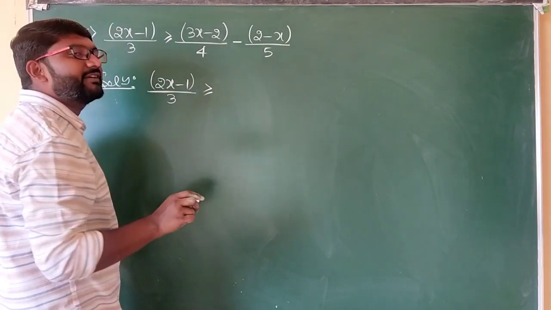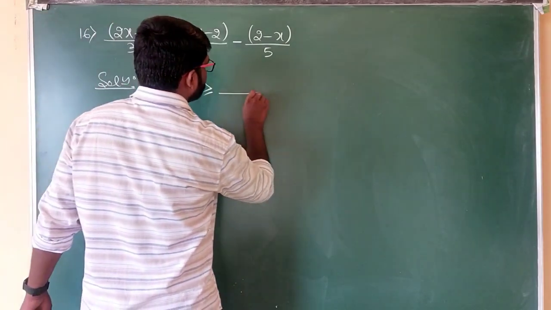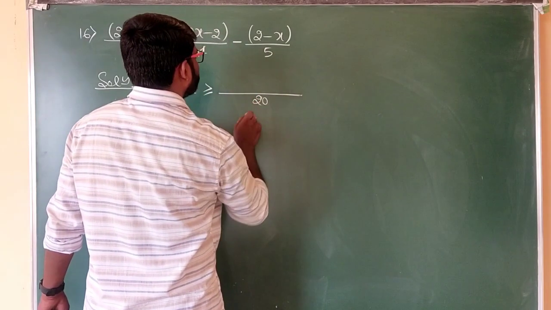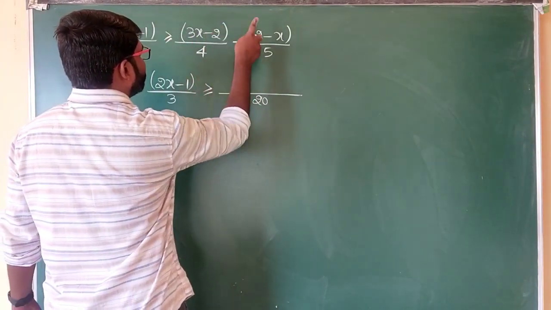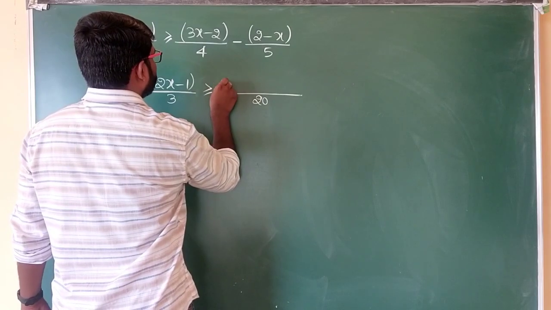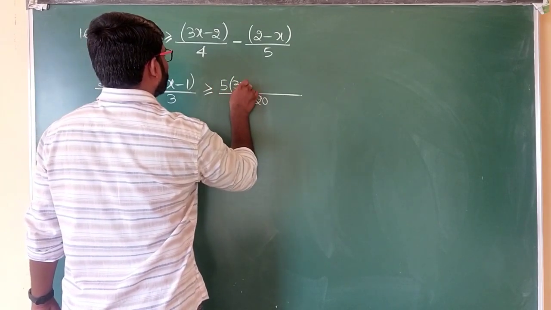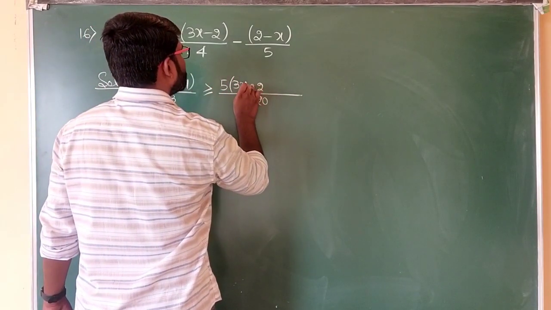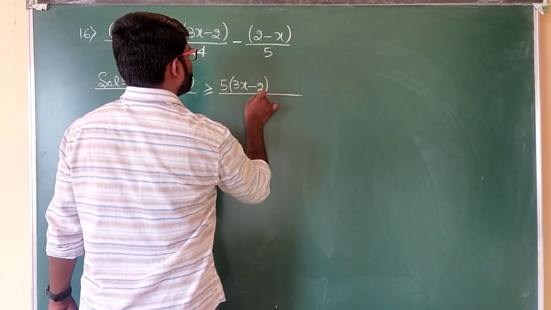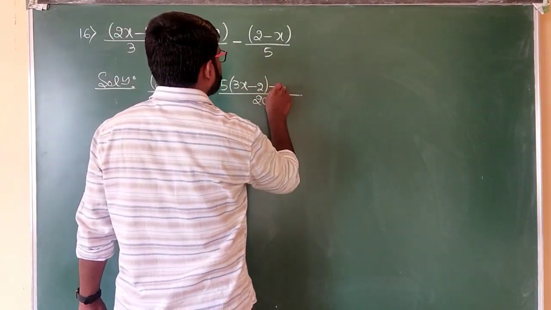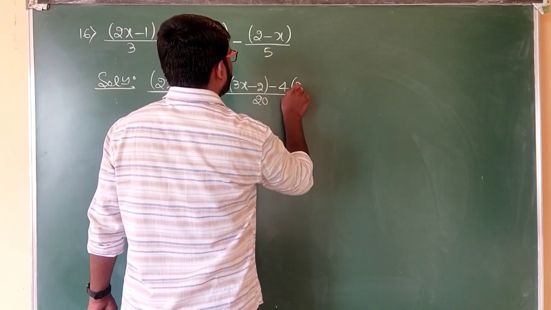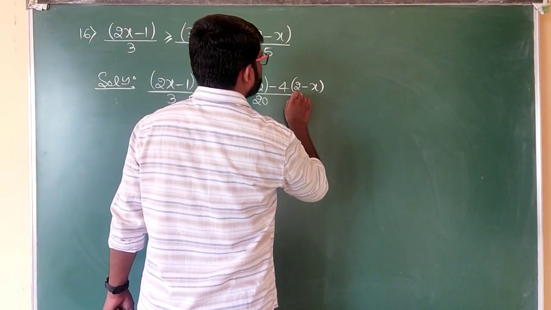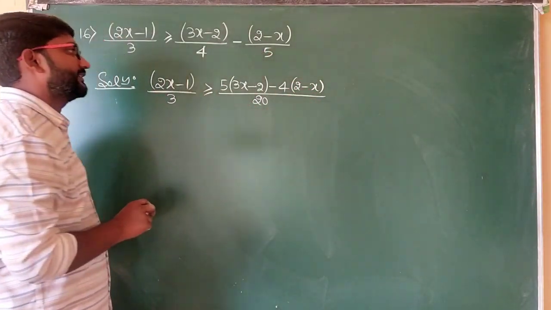The LCM of 4 and 5 is 20, so 5 times (3x − 2), then minus 4 times (2 − x).